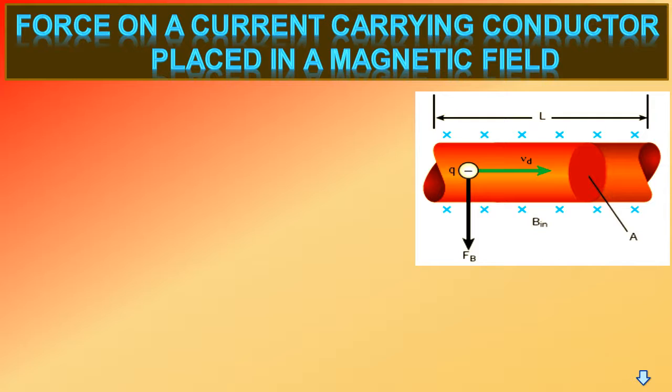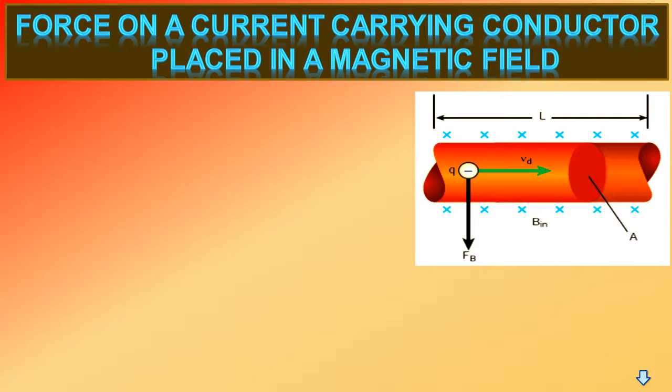Students, when a current carrying conductor is placed in a magnetic field, the force experienced by the conductor is equal to the sum of the Lorentz forces on the individual charge carriers in the conductor, right?